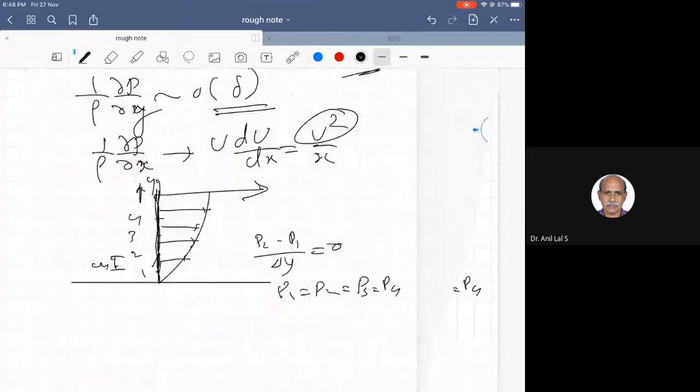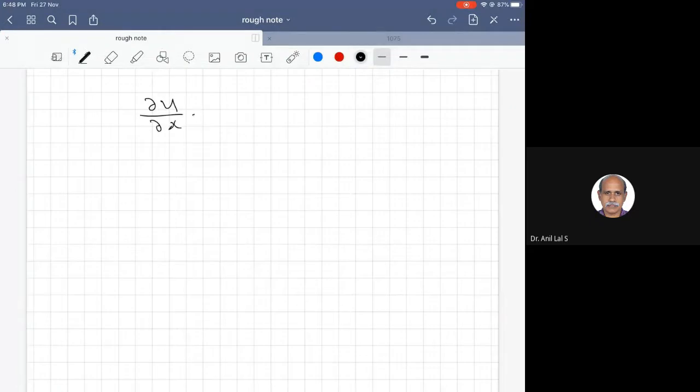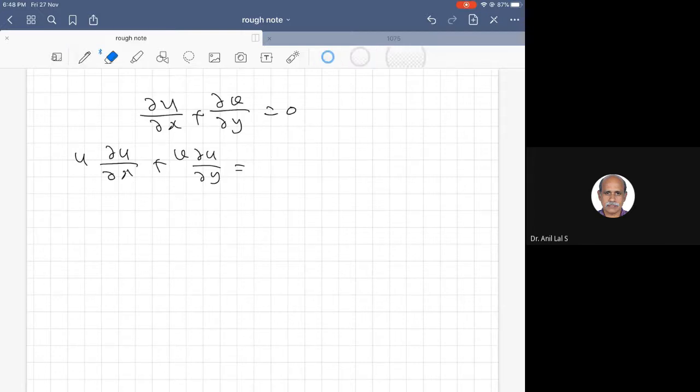So we can summarize the Prandtl boundary layer equations as dou u by dou x plus dou v by dou y is equal to 0. And u dou u by dou x plus v dou u by dou y is equal to, both ways, in terms of pressure gradient as well as in terms of potential flow velocity variation, minus 1 by rho dou p by dou x plus mu into dou squared u by dou y squared.